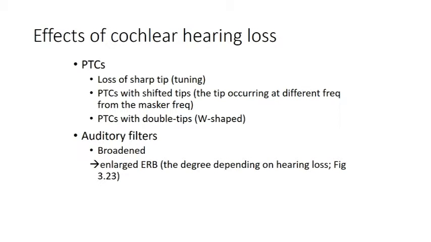If you look at auditory filters, compared to auditory filters in normal hearing, for cochlear hearing loss, first of all, the filter bandwidths are broadened. How much it is broadened really depends on the degree of hearing loss.